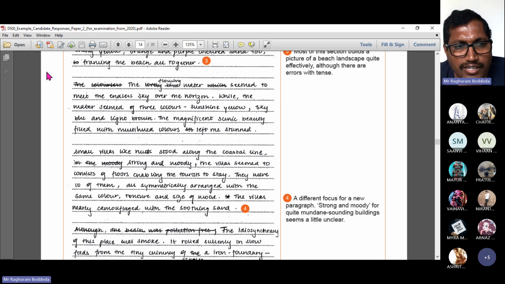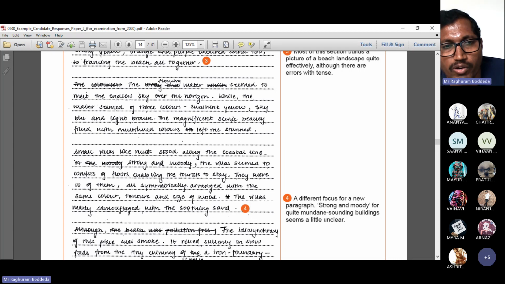Here there is more of water, used many times, and the scenic beauty filled with multicolors, the stunned. So it is a kind of feeling he expressed in this very short paragraph.